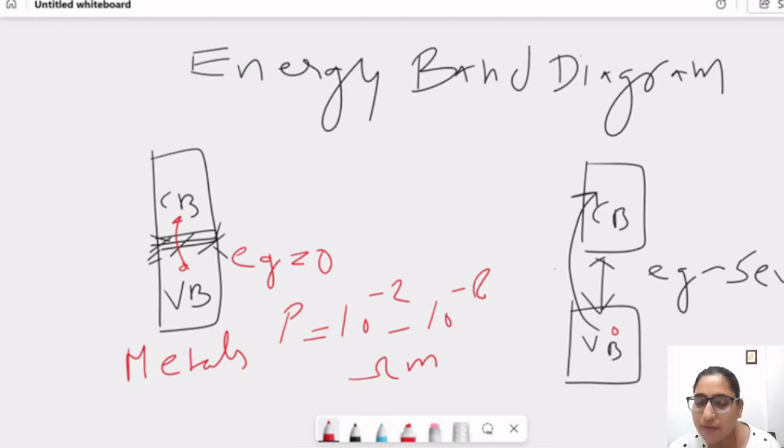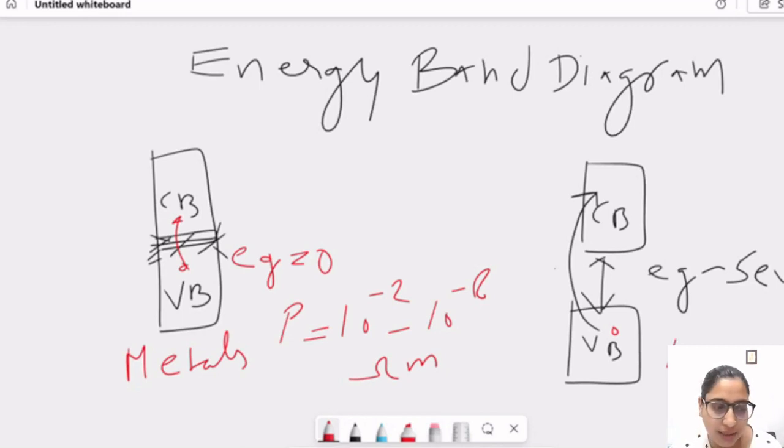But this is very high energy. We can say insulators are very bad conductors, because we do not apply that much energy to an insulator, since insulators have so many other applications also, so it doesn't take part in conduction.